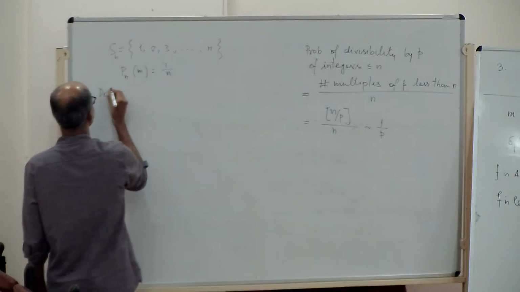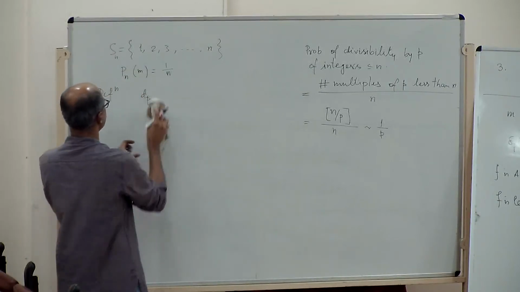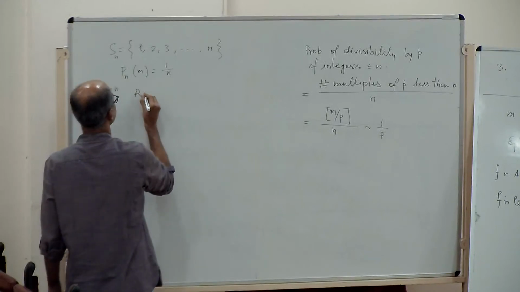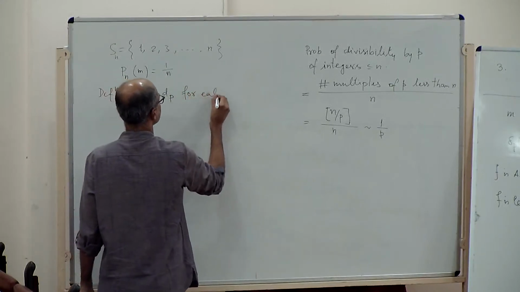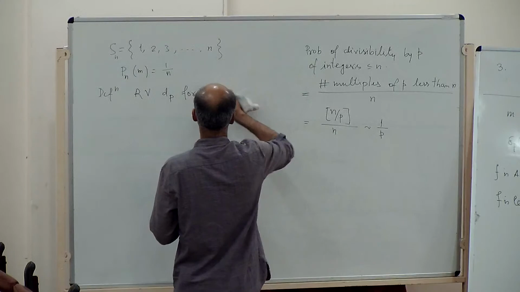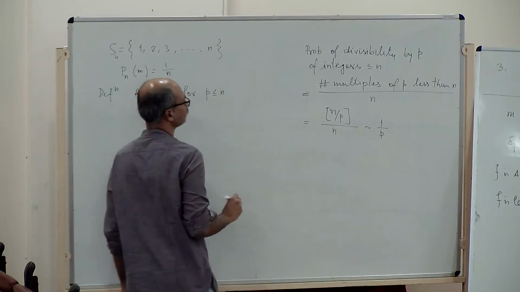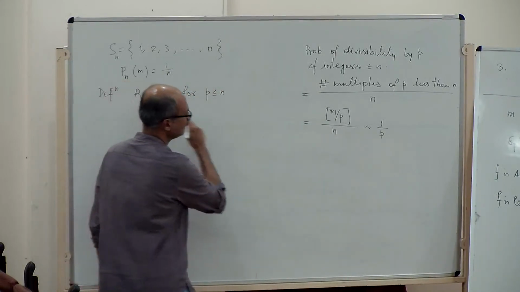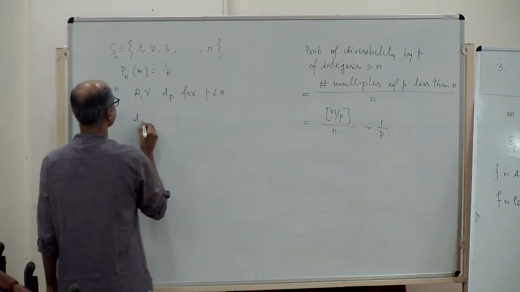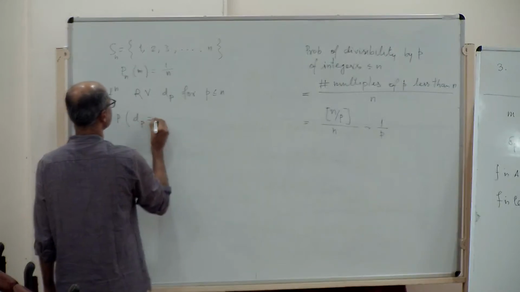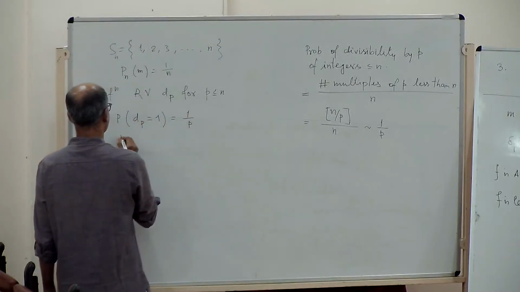And now define a random variable, say d p, for primes p less than equal to n, and d p is the model for this. So, we define it in the same way. Probability of d p taking value 1 is 1 over p, and probability of taking value 0 is 1 minus 1 over p.